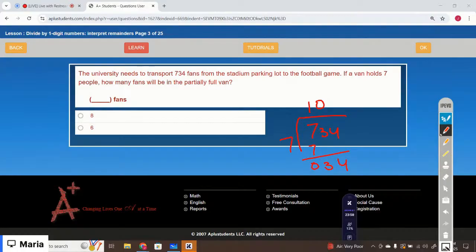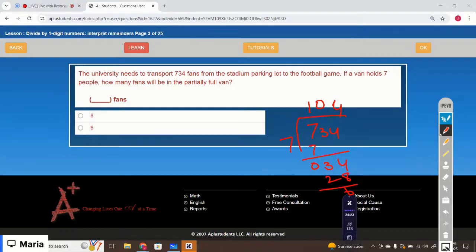There's 0 over here because we need to bring another digit down. 7 times 4 is 28.